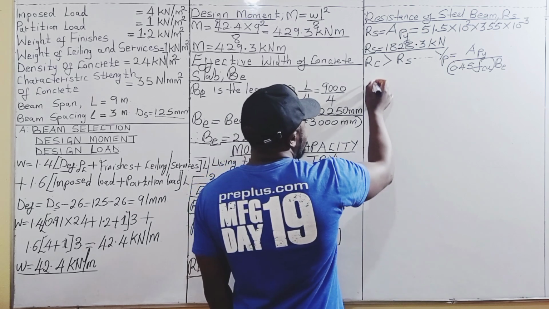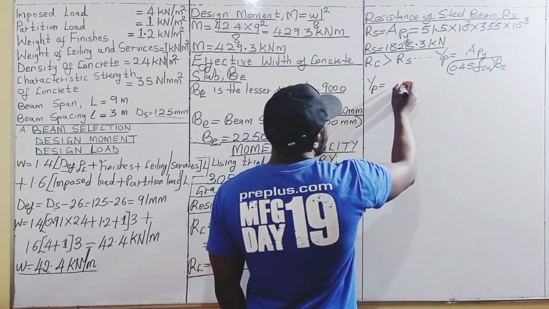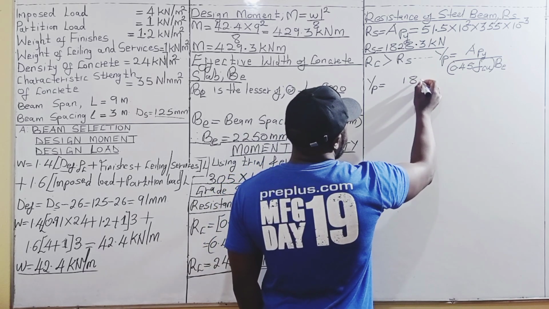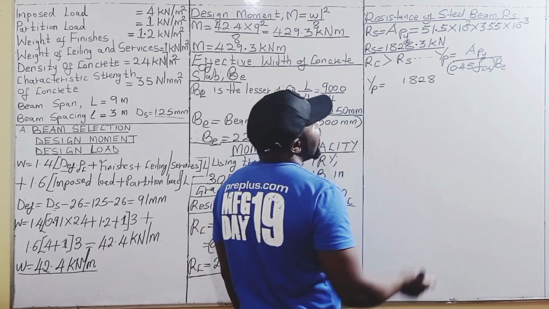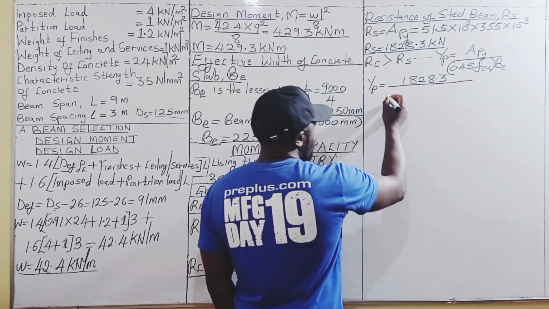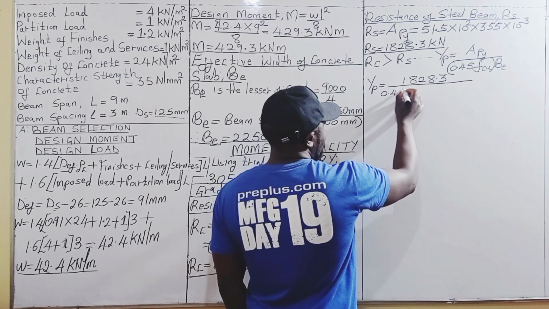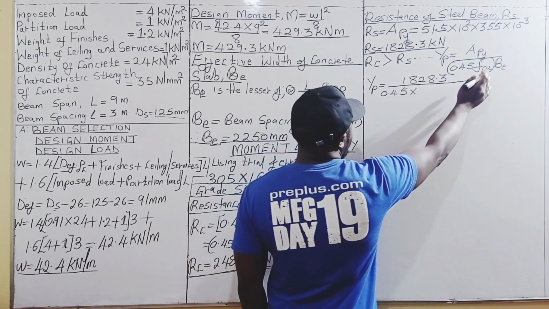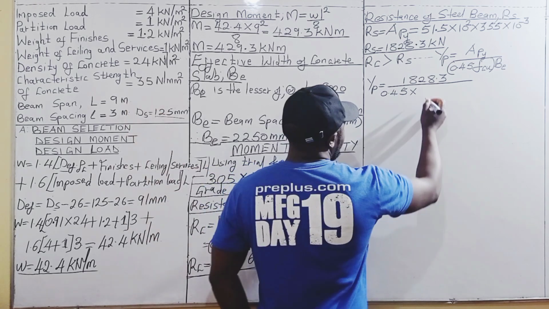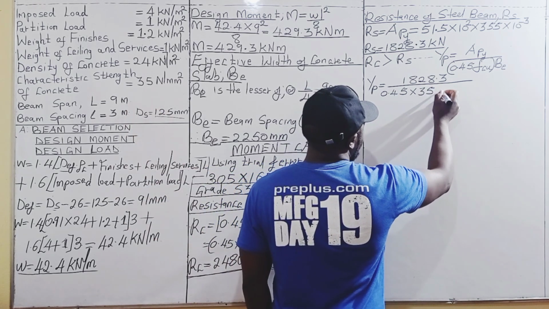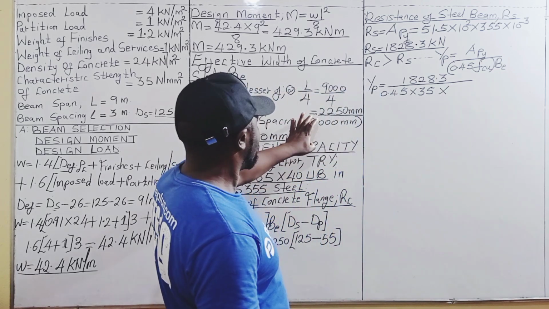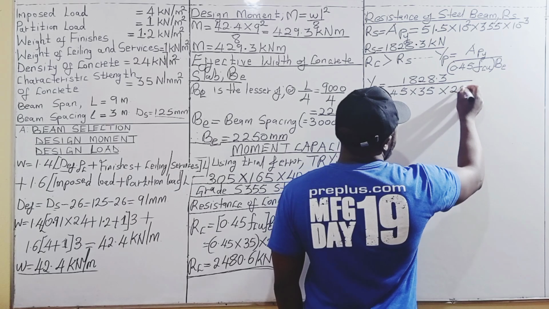And therefore, YP will be equal to APY, which is RS, that is 1,828.3 kilonewtons, divided by 0.45 times FCU, the characteristic strength of concrete, which is 35 newtons per square millimeters. We multiply this by BE, which is 2250 millimeters.